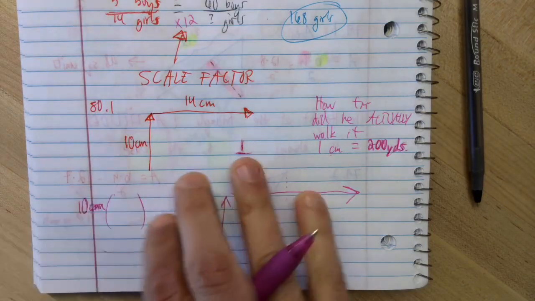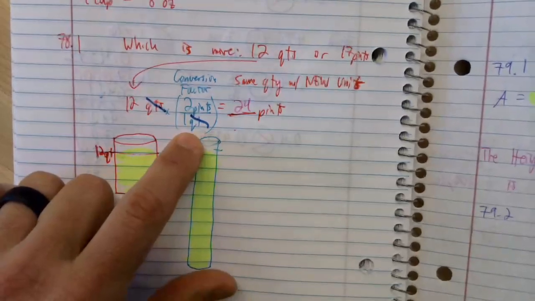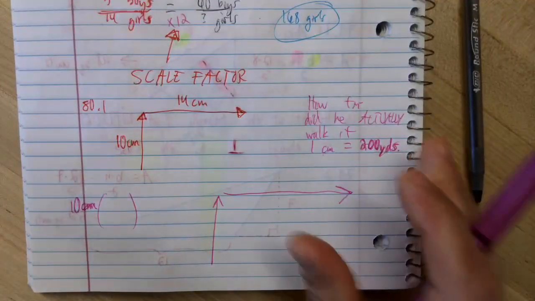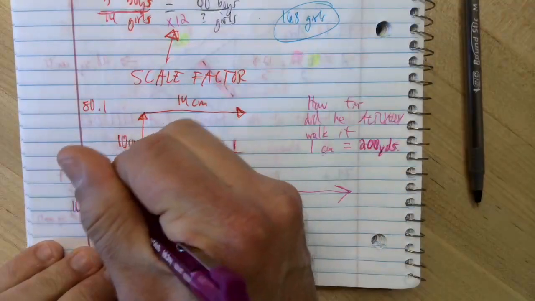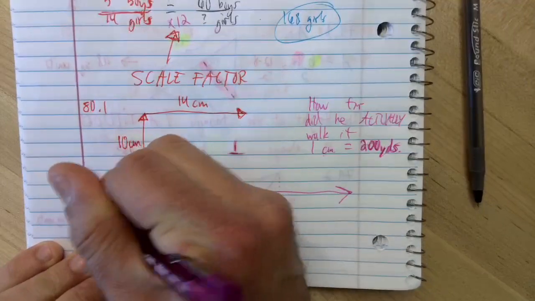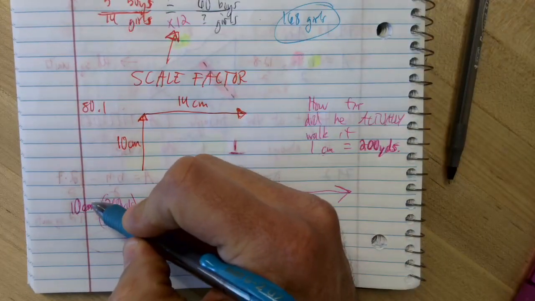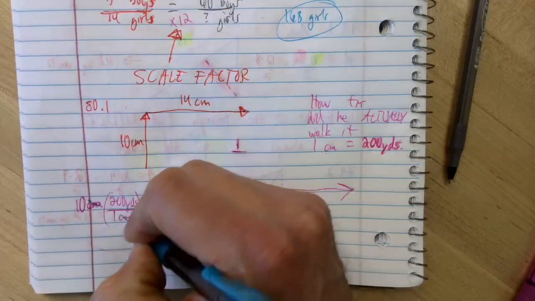You see, we actually did a scale factor in this problem. But this one in particular, because it says 1 centimeter is equivalent to 200 yards, I'm going to rewrite that as 200 yards is equal to 1 centimeter. Now, why did I do it in that order? Because I want the centimeters to cancel. I want my new units to be in yards.